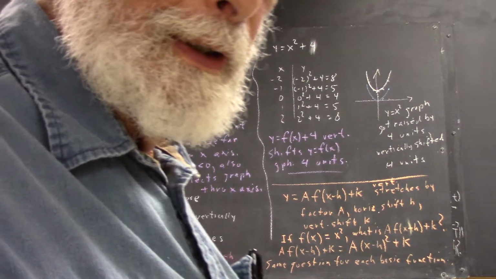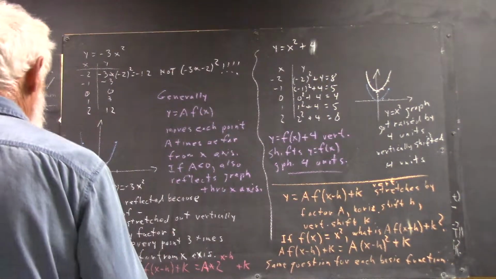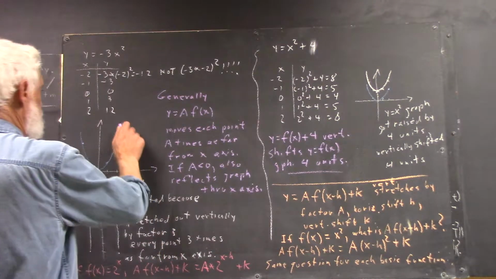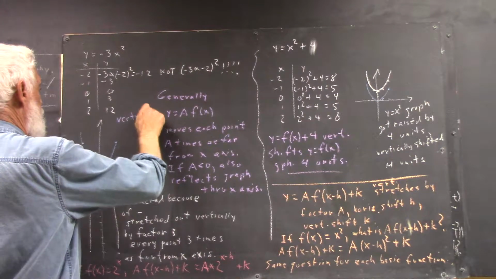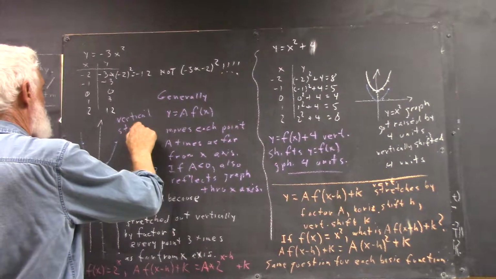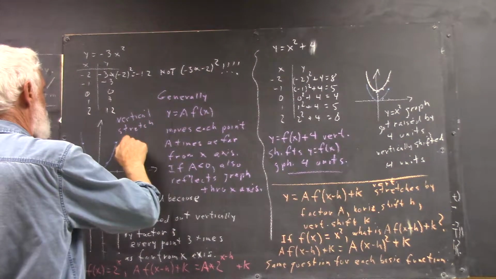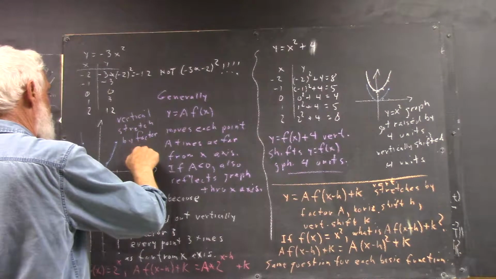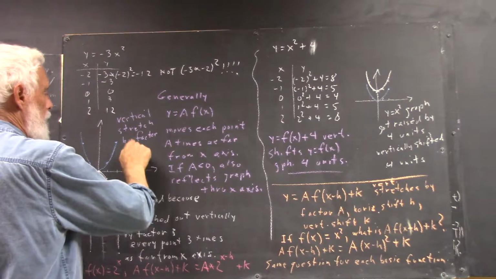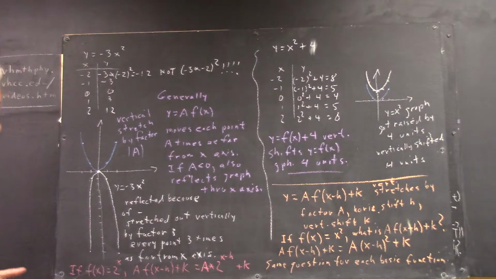And I'll add one thing here. This is a vertical stretch by factor, actually, it should be the absolute value of a, but you think a.